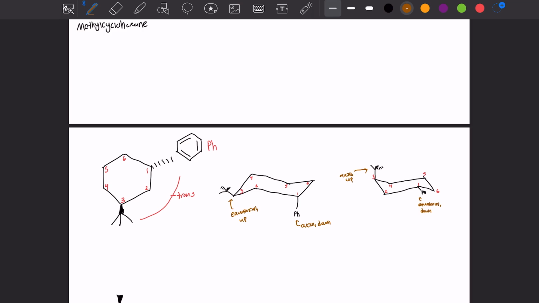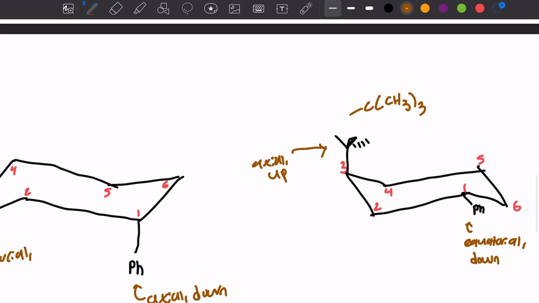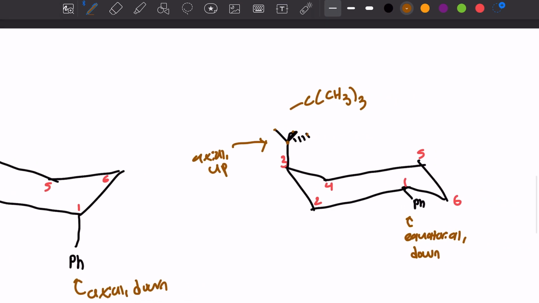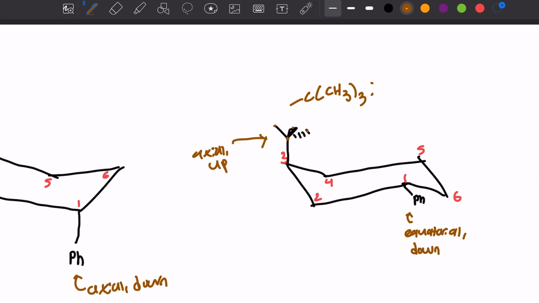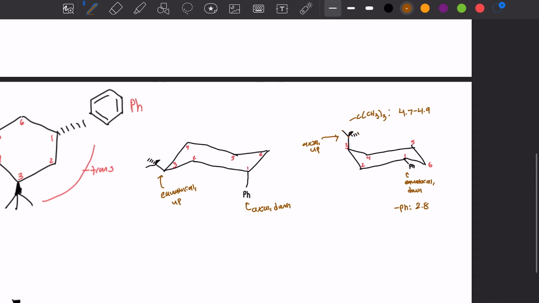This is a CH3 group. There's three carbons here, another carbon right here, and each of these carbons extending out has 3 hydrogens. And this has an A value of 4.7 to about 4.9, and our phenyl group has an A value of 2.8.